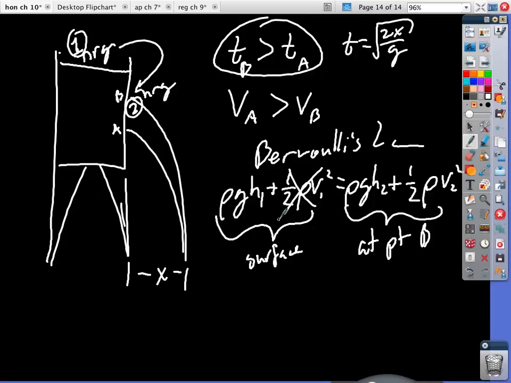Now, when we're talking about the water in the tank, can the water in the tank drop any lower than the hole? Do you see why the answer is no? If there is a hole, the water's going to fall out the hole, right? It can't go below the hole.